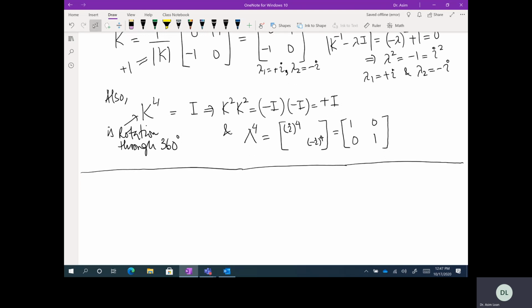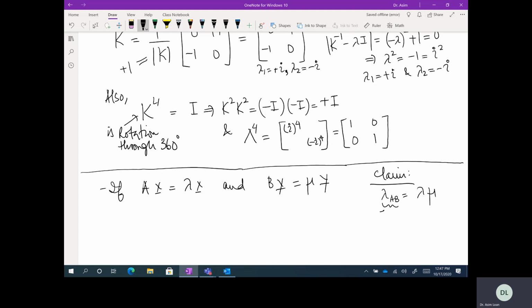Okay, so now a counter proof. If Ax equals lambda x and By equals some mu y, and what about this proof? My claim is that the eigenvalue of AB is lambda times mu.